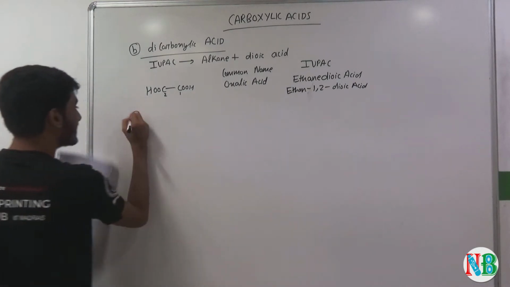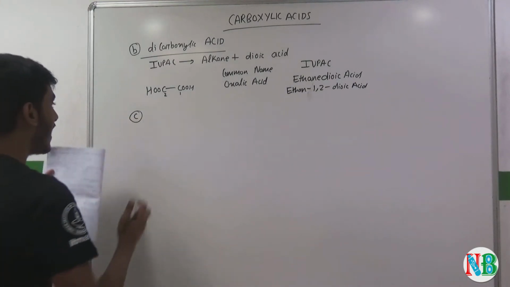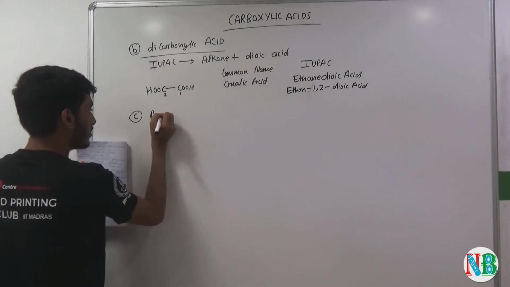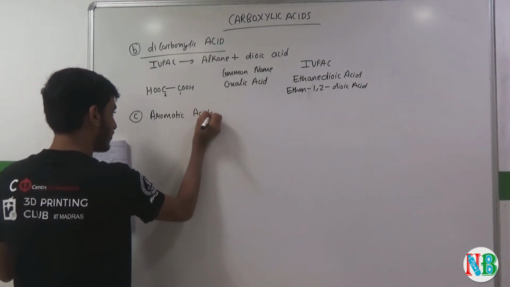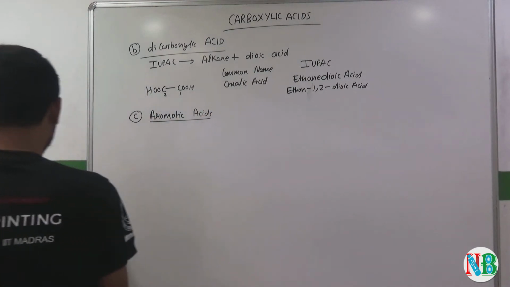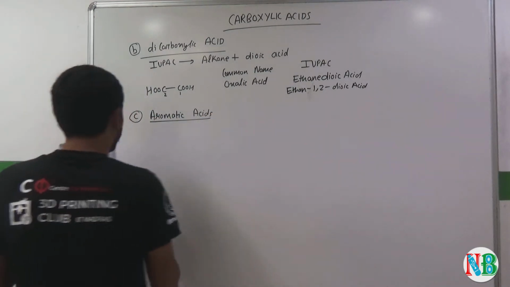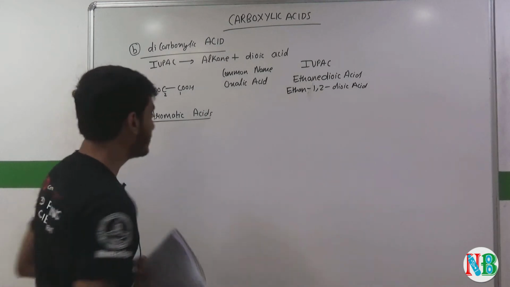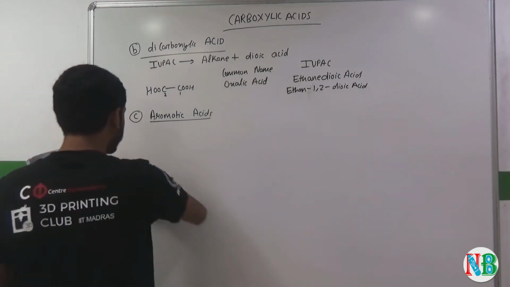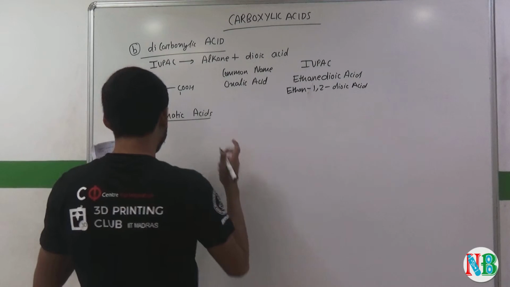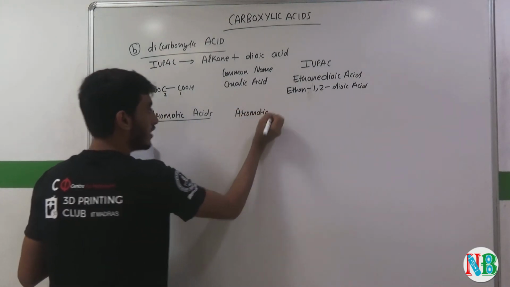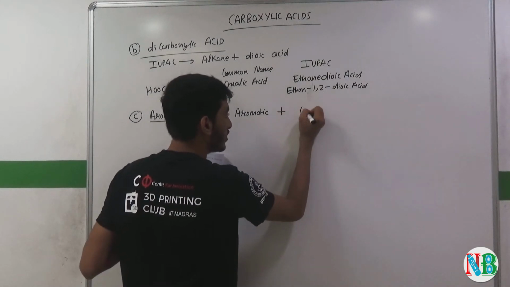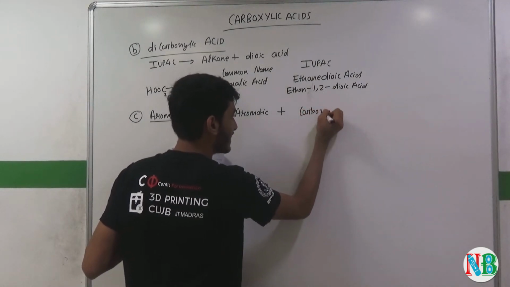So now let's learn how to name the aromatic acids. In their names, they are named something like aromatic, and then we have to use the term carboxylic acid.